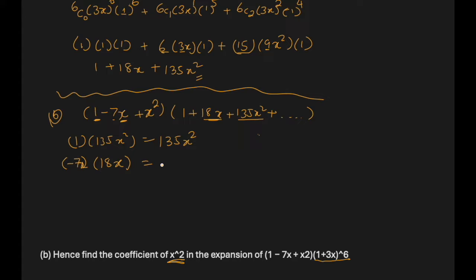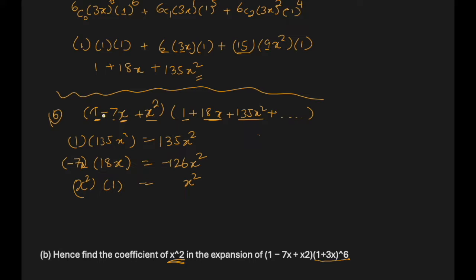That will be minus 126x squared. And next we have x squared and 1, that will give us x squared. Just x squared.